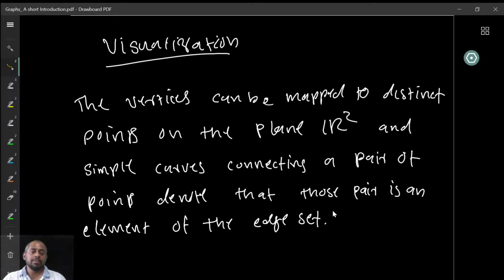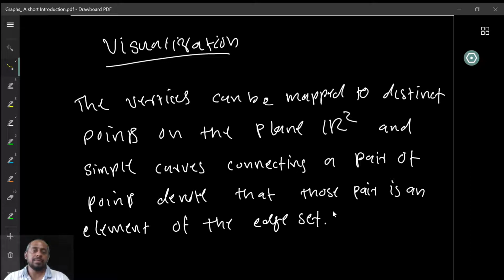Now, one of the main reasons people use graphs is that it enables us to visualize several properties of the relations that we are considering, and this can be visualized in many cases.